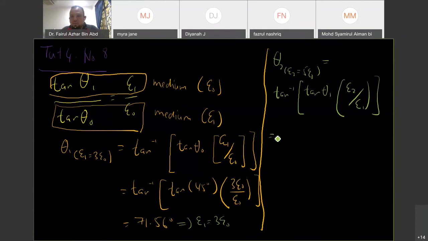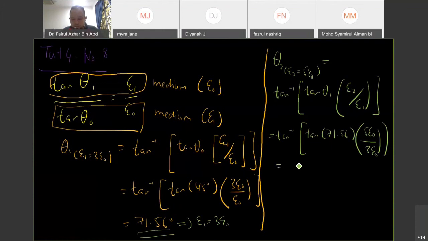The value for theta 1 is 71.56 degrees, multiplied by the ratio, epsilon 2 equal to 5 epsilon naught divided by 3 epsilon naught. The solution is 78.70 degrees.